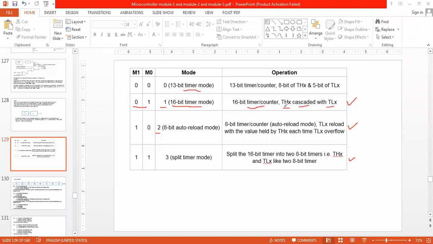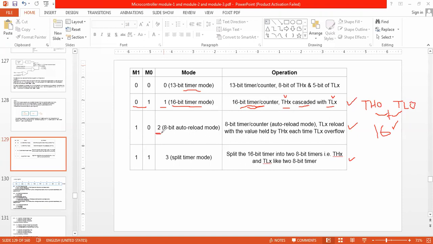So the value is going to be loaded into THX as well as TLX. If I choose timer 0, TH0 will have the upper value, TL0 will have the lower value. By including these two, we get a 16-bit value, which gives me a 16-bit timer.